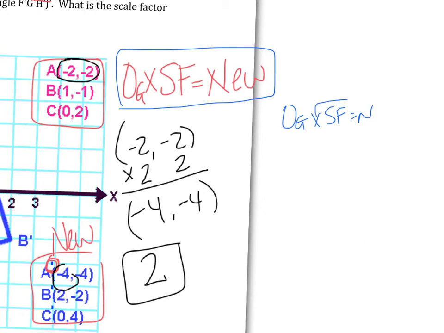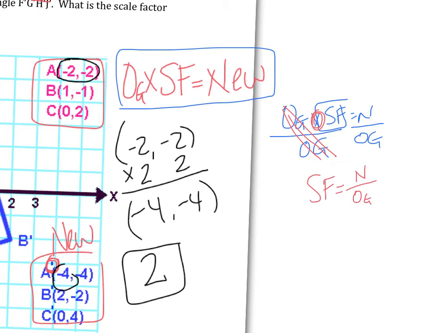And if we're looking for the scale factor, I could move the original to the other side by dividing by the original. Remember in algebra how these are multiplying, so the opposite of multiply is divide, and that's how I can move it. And these would cancel, so I get scale factor equals new over original.